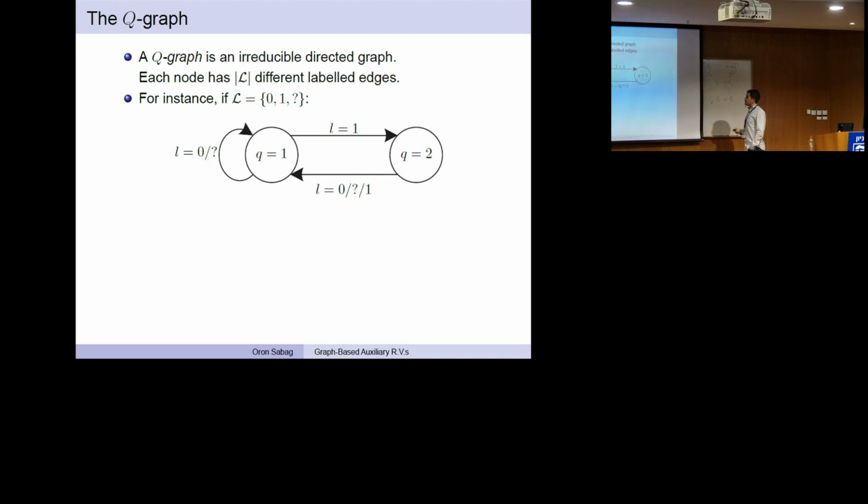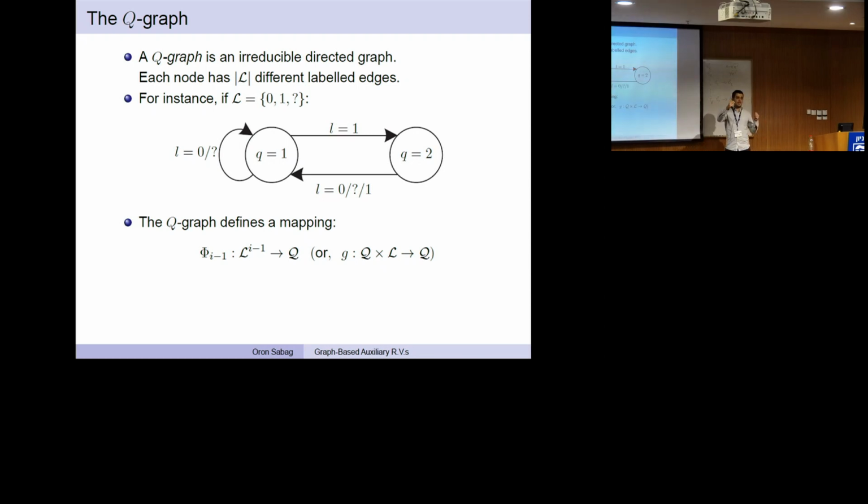So this is the definition, and it is used in order to define a mapping from any sequence of labels into one of the nodes on the graph. So for example, if we begin in this node and we receive a sequence 0, 1, 0, then we will do a self loop, 1, and then 0, and the mapping will return the first node in the graph.